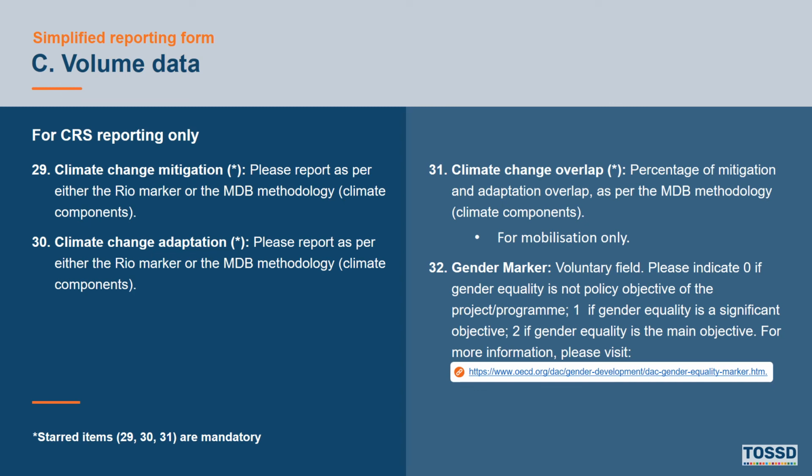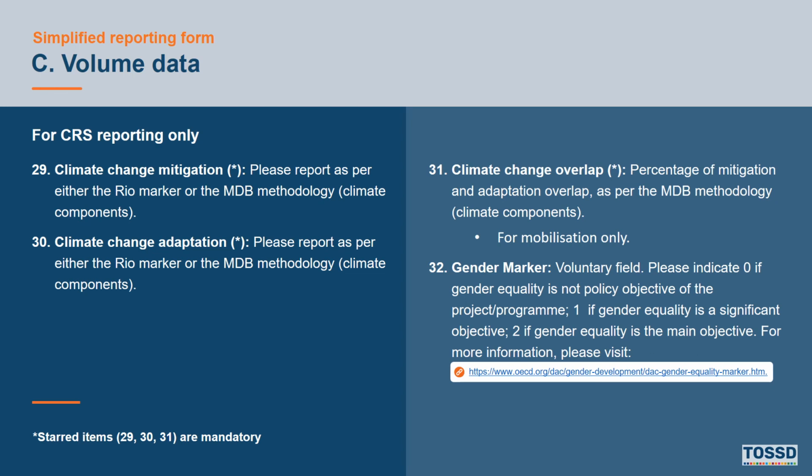If you report on mobilization, you should report the percentage of mitigation and adaptation overlap following the MDB methodology in the field for climate change overlap. The CRS includes also the possibility to report on the gender marker, which is voluntary but highly recommended.